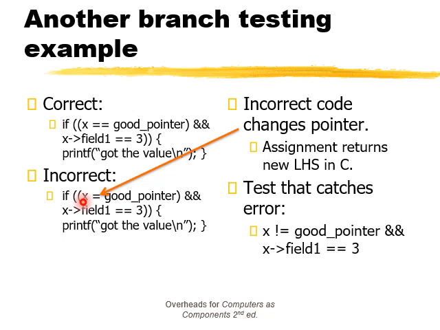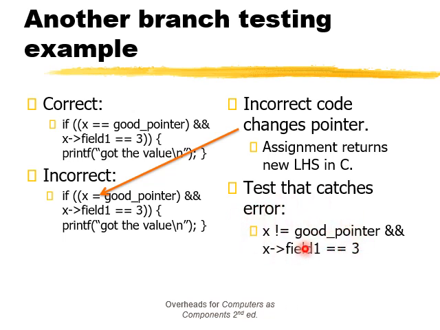So how can we test this out? We can test this out using our previous false and true test. So if we say that X is not equal to good pointer, and X pointer field equal to 3, this is obviously going to be false.